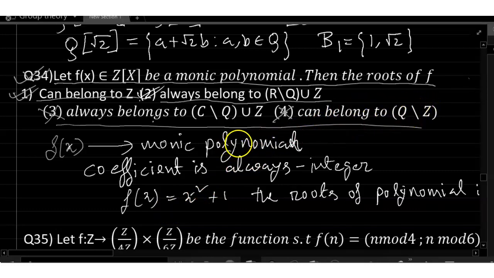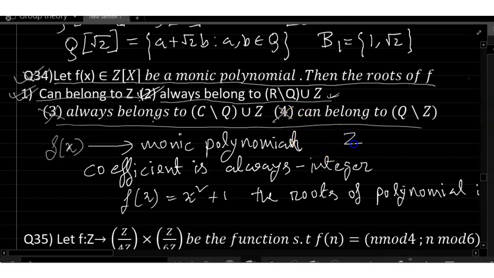It can always belong to C minus Q union Z. This is not possible. So the possibility is only this, because in here you see that R minus Q is irrational, union Z means real number. So here it can belong.